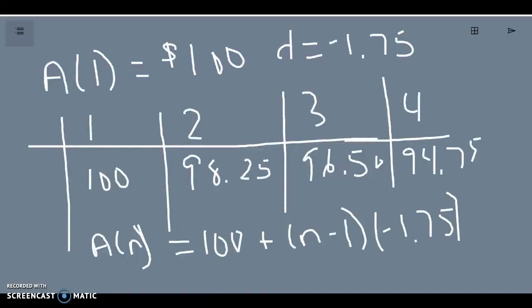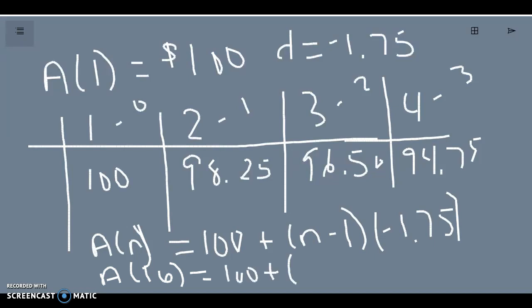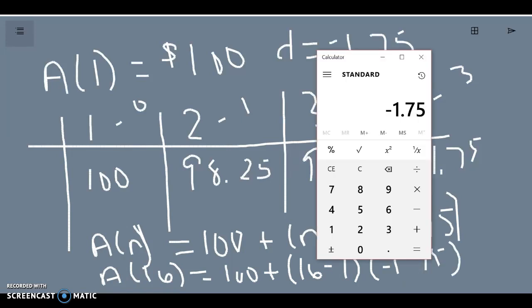Okay, so now let's think about this. This is really 0. This is really 1. This is really 2, and this is really 3. So if I want 15 rides, I need to plug in 16, right? So let's do that. So a sub 16 is giving me 100 plus 16 minus 1 times negative 1.75. And I'm going to use my calculator for this.